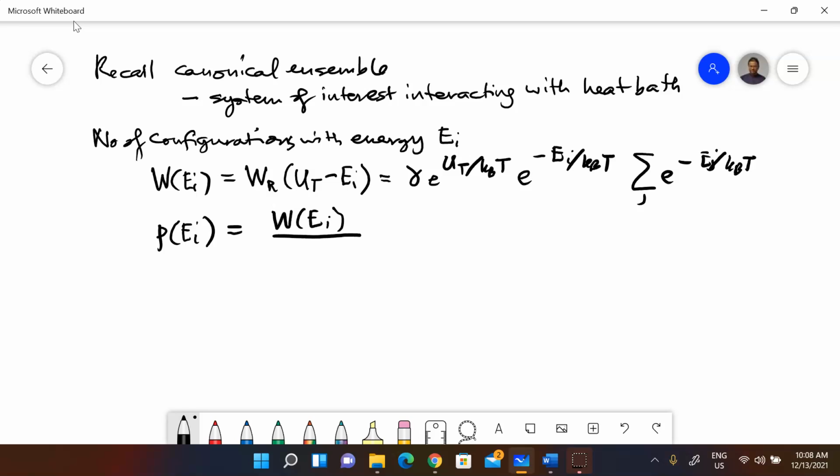Divided by the sum over E_j. Okay, I should be getting rid of that sum.